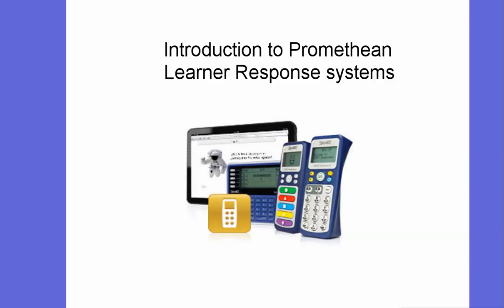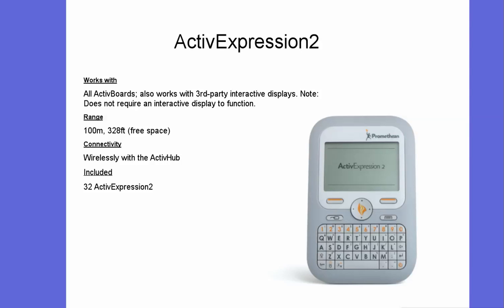So first of all, let's look at the actual Active Expression that we're going to be using. We bought the Active Expression 2, and this is what they look like on the right hand side of your screen. The Active Expression 2 works with all the Active boards, which are all the Promethean boards that we have in the College of Ed.